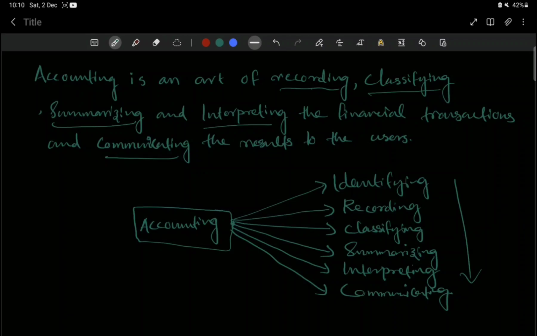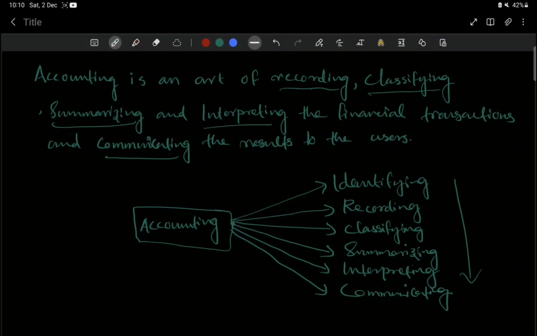So only the monetary transactions which are related to the business will be recorded in the journal. From the journal we will post to the ledgers. After classifying and posting to the ledgers, we will summarize the transactions, right? Summarizing means, as we know, we record all these transactions and post all the transactions.